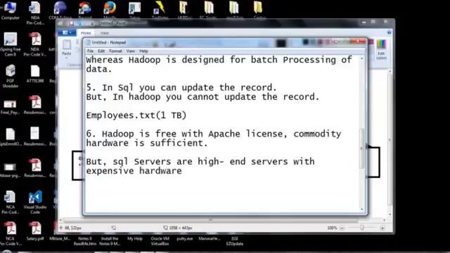When I say expensive, it means high-end configuration with a vertical system. One more thing I want to add here is that expensive hardware means things like the hard disk, which is a RAID disk, whereas in Hadoop it is fine to have simple, non-reliable hardware.